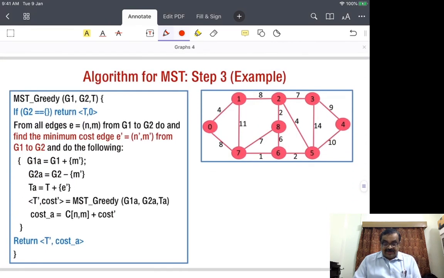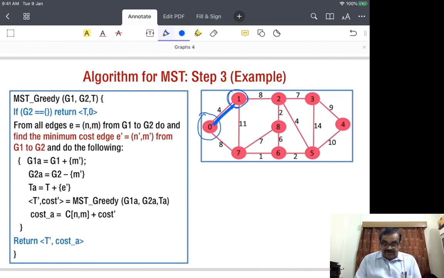Let us do another example. Let us say we start from node 0. Then there are two edges going out, so we choose the smaller edge. Once we have chosen the smaller edge, this becomes part of G1.